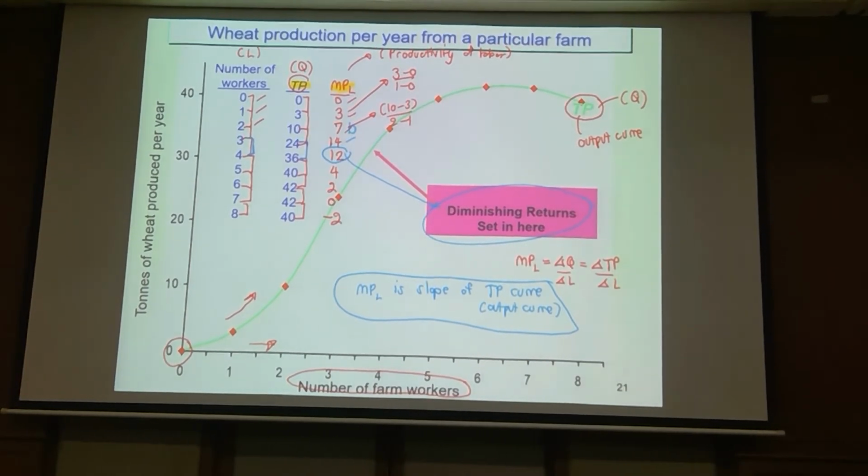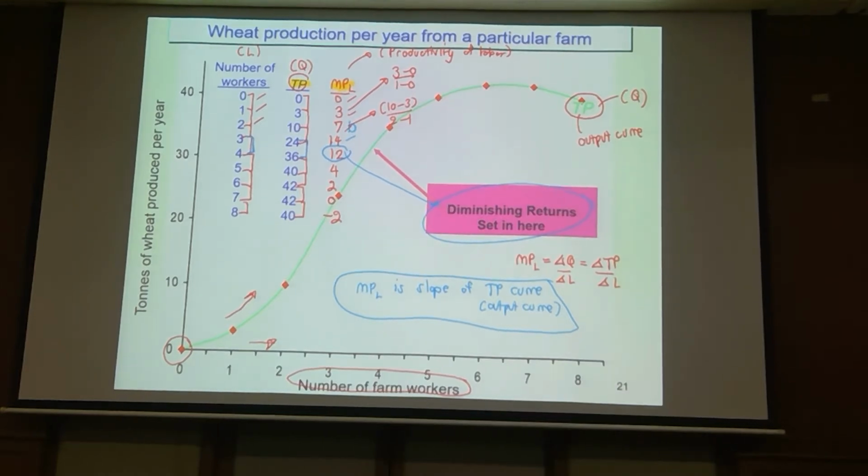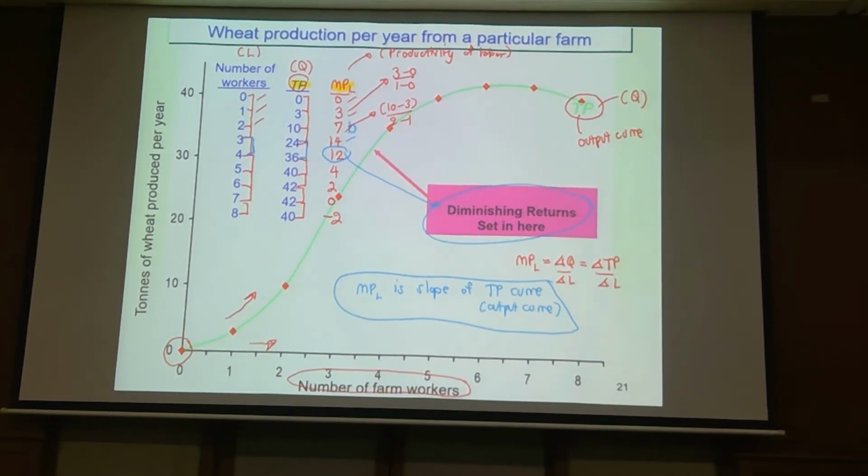Okay? The productivity of labor influences how much output we get as a result of employment. How much output we get as a result of employment depends on the productivity of labor. The productivity of labor is illustrated by what we call the marginal product.